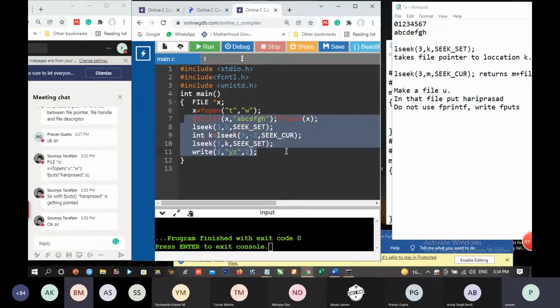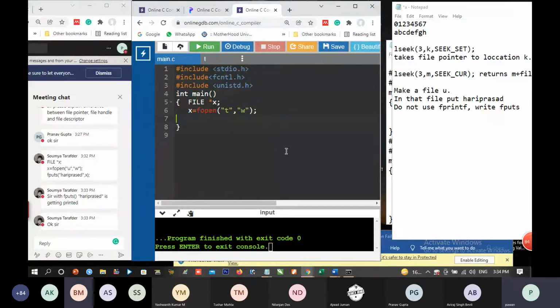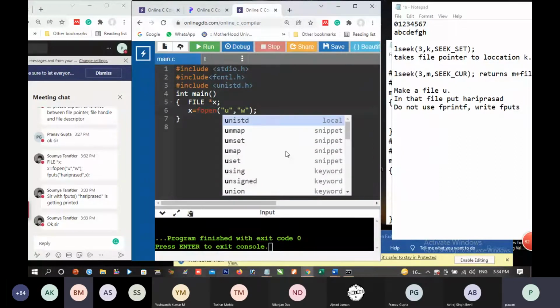How to do this question? We have made a file, opened file U only. Afterwards, we don't use anything. We run this program. So a file U is created in which nothing is there. Sometimes these things come, so how do we get rid of this?